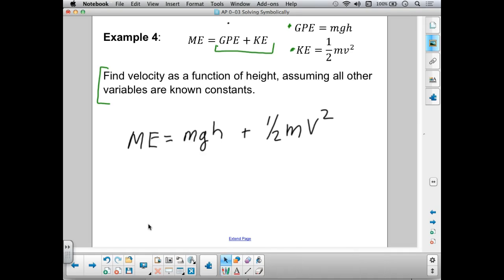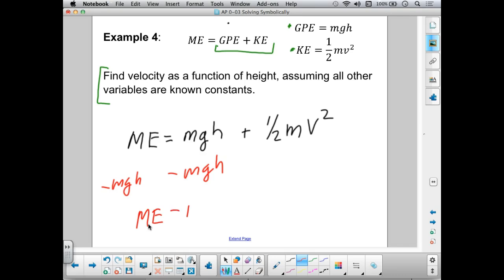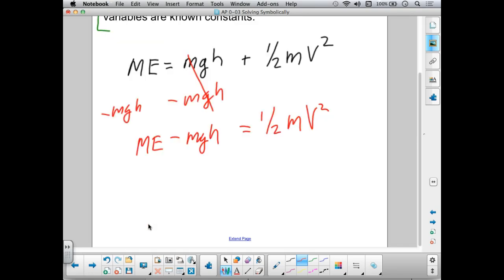First thing is to get v by itself. Let's get rid of this term over here. So I'm going to have me minus mgh equals 1/2 mass times velocity squared. Okay, getting there. I still need to get v by itself.